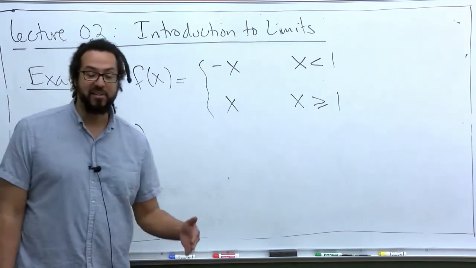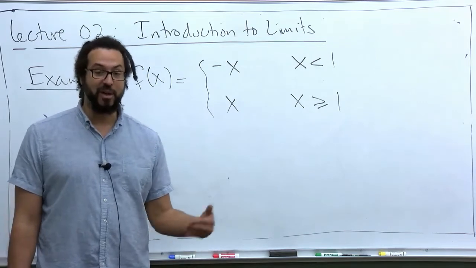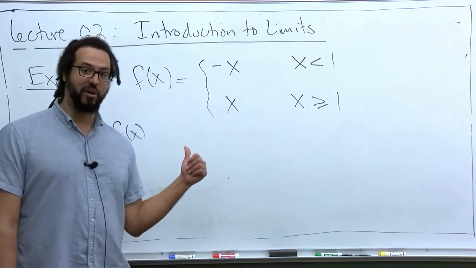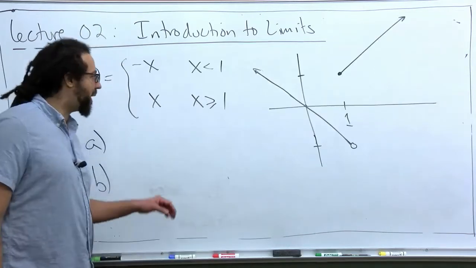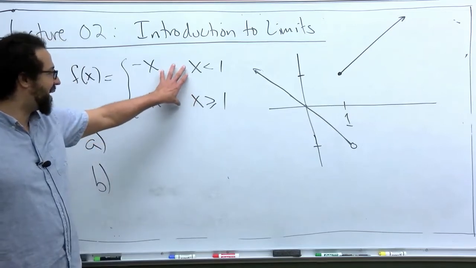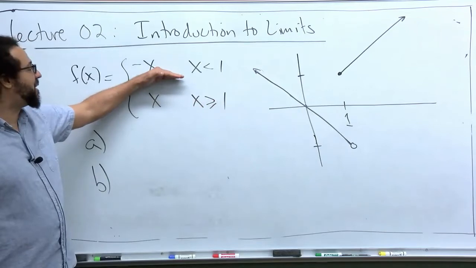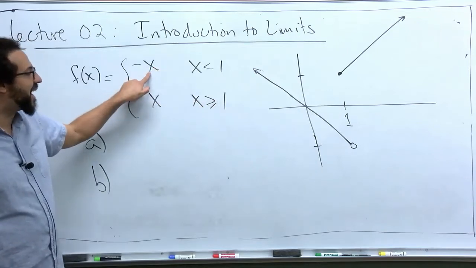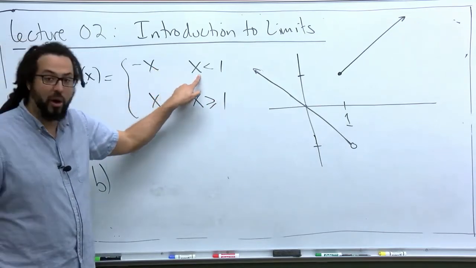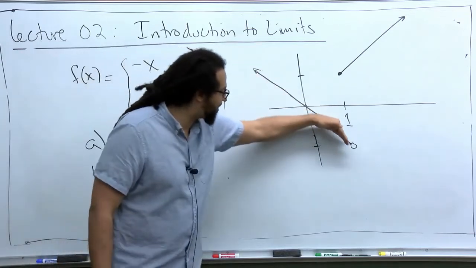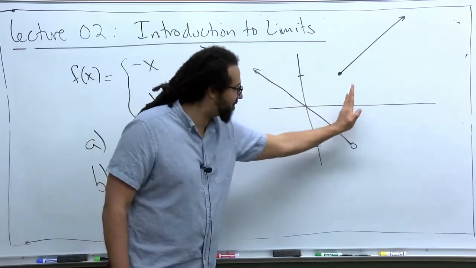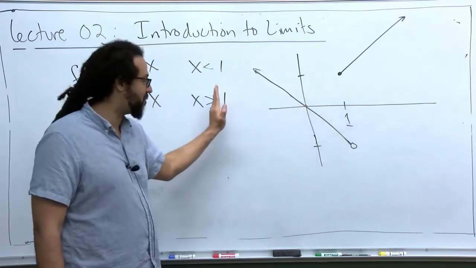So again, best thing to do, draw a picture, and then we can see everything that we need to see in order to answer these questions. This piecewise defined function is negative x when x is less than 1. So here's that piece. Here's the line y equals negative x, and so we graph that to the left of 1.